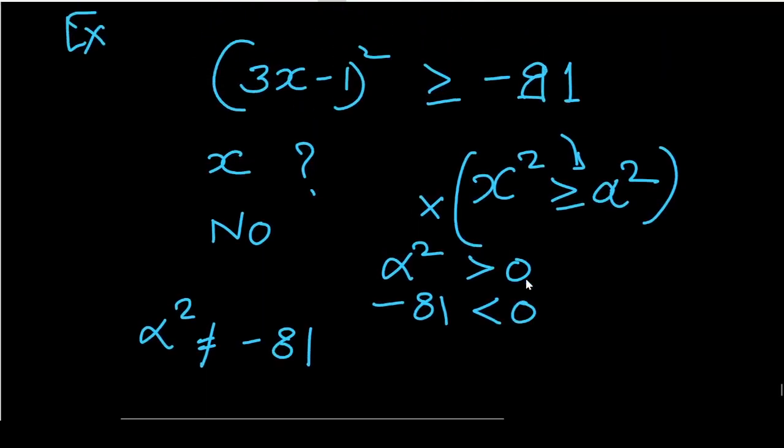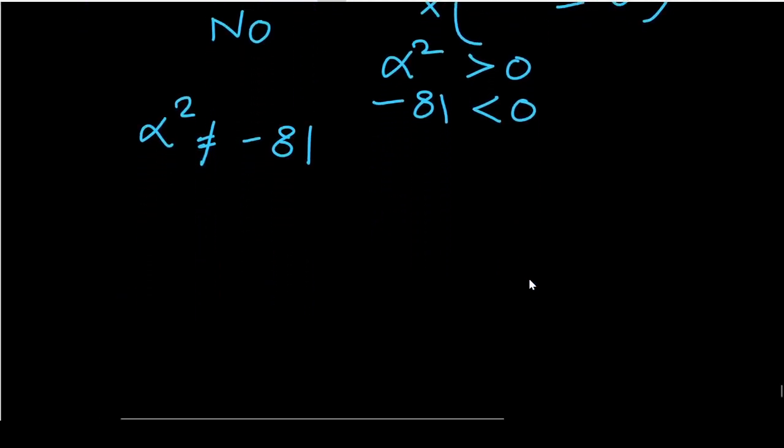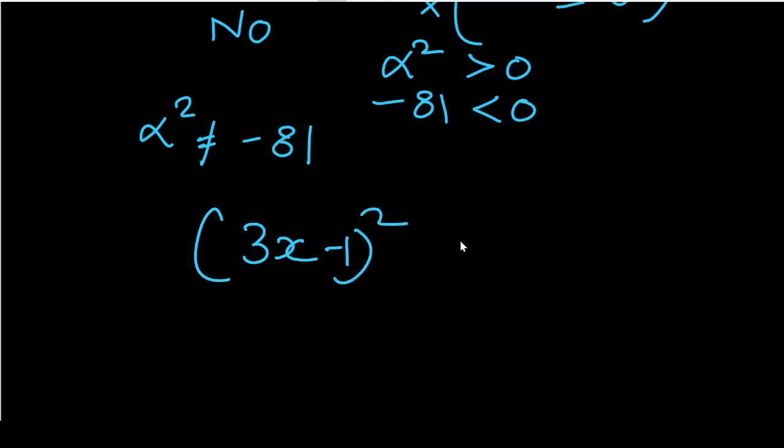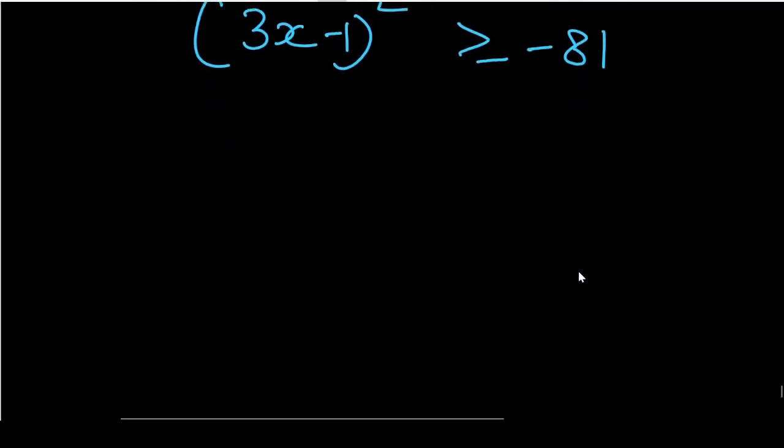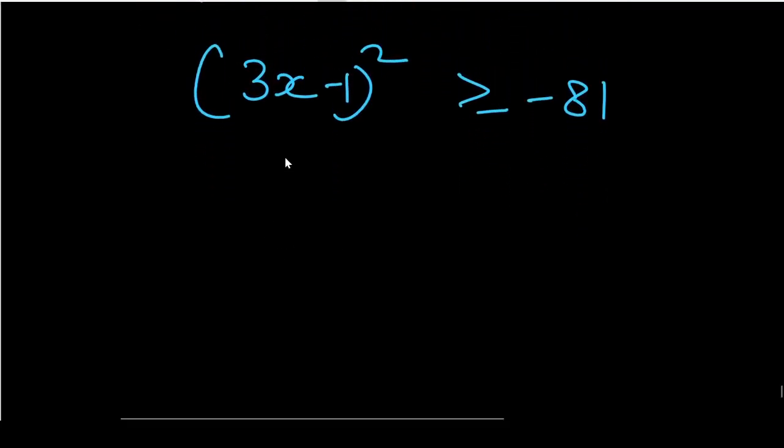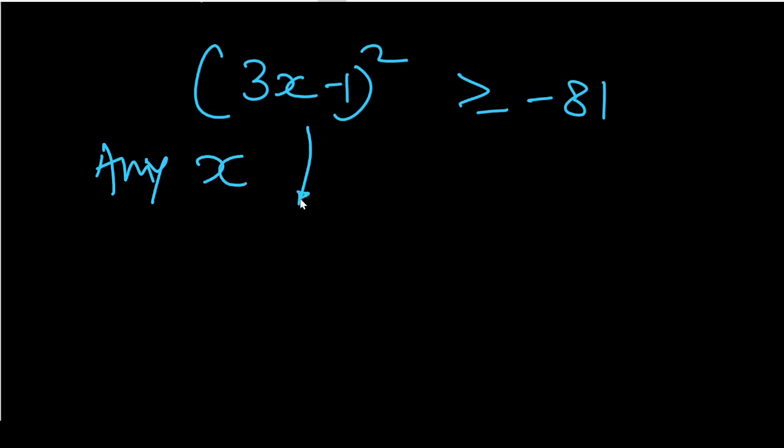So in that case what will we use? We will use a general reasoning here, guys. See, (3x minus 1) whole square greater than or equal to minus 81. Any x if you substitute, this will be a positive number, or at the least 0, and here it is fixed minus 81.